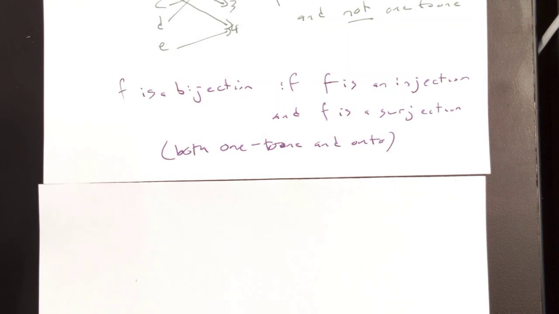So we know that if f is injective and the cardinalities of the two sets are the same, does that automatically mean it's surjective? If it's one-to-one and they're the same size, is it automatically onto as well? Yes, if those sizes are finite. Infinity is weird. That's Friday.